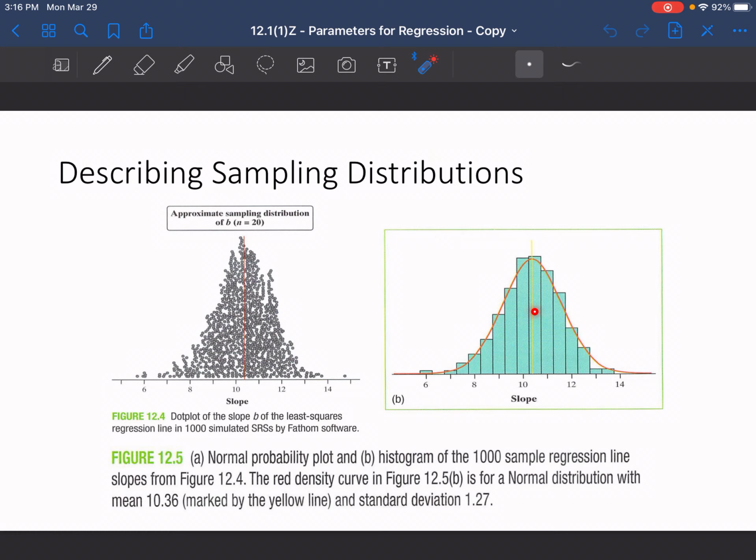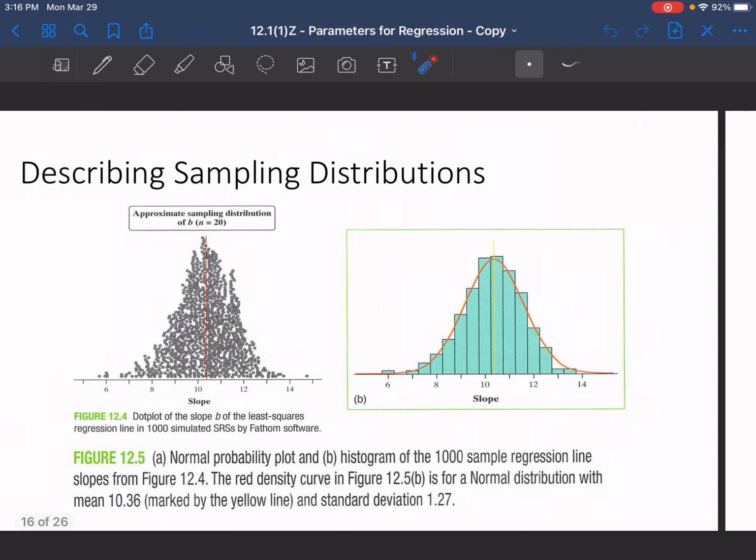The center of this is going to represent the actual slope itself of that population least squares regression line, whereas the spread is going to be represented by the standard deviation, which is 1.27, and the center is represented by the mean right here as well.